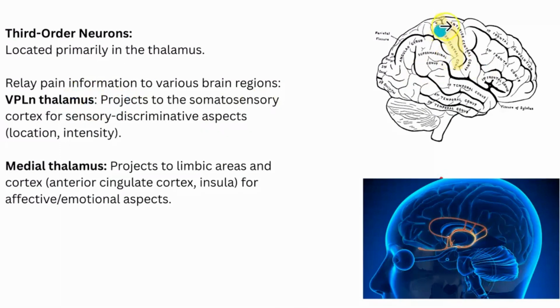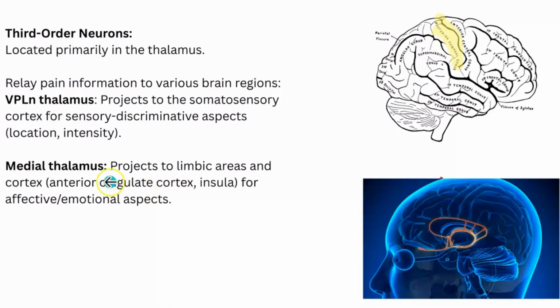In front of the somatosensory cortex, you have the motor cortical area. From this front aspect of the brain, we can produce movement, and just behind that, behind the central sulcus, we have the somatosensory area where all the sensory information will reach. So even pain information, after reaching the thalamus, will reach the somatosensory cortical area.